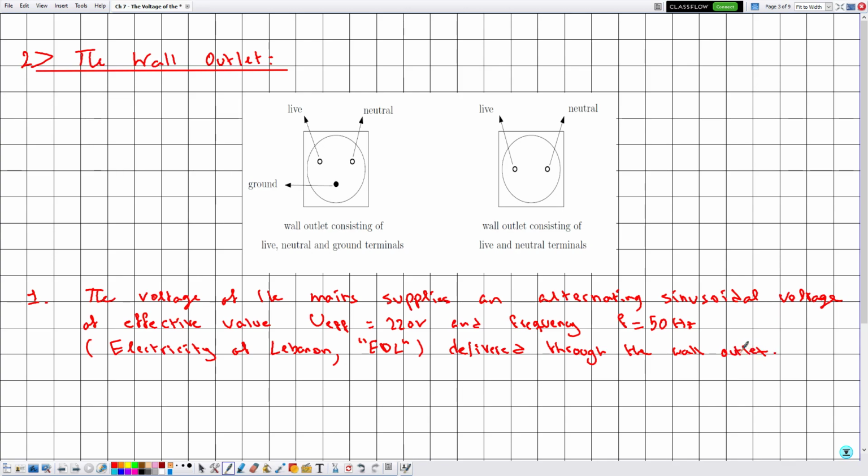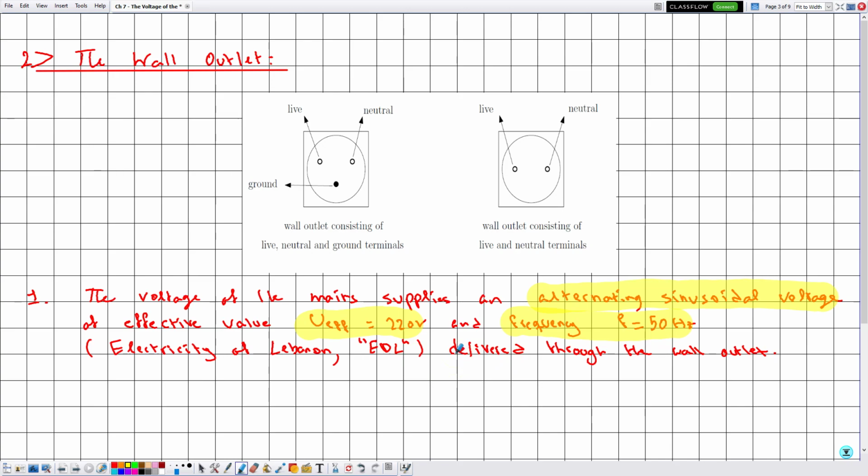Here what I'm saying is, what are the properties of the voltage of the mains? It is an alternating sinusoidal voltage. Its effective value is 220 volts and the frequency is equal to 50 Hz. One should memorize these properties.